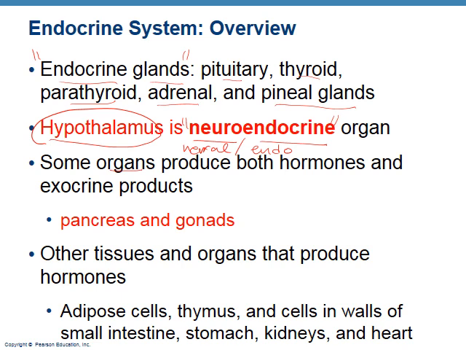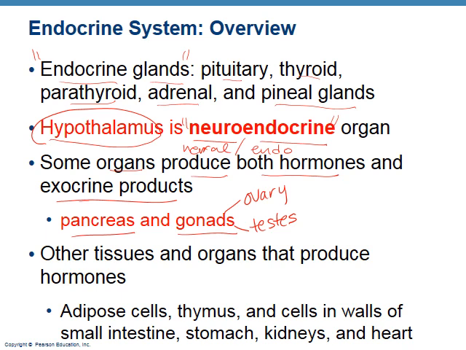So some organs produce both hormones and exocrine products. This is what I was talking about a minute ago when I said we're going to separate out the pancreas and the gonads. Please remember that gonads is a term for the organs that produce gametes. So gonads is not just testes, gonads is ovaries and testes.